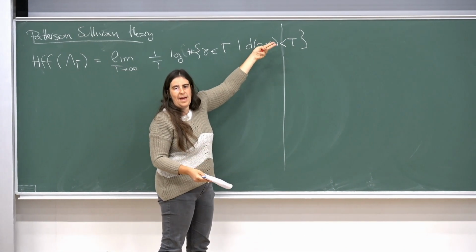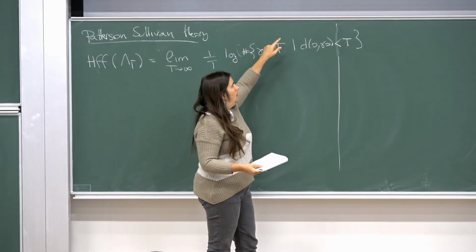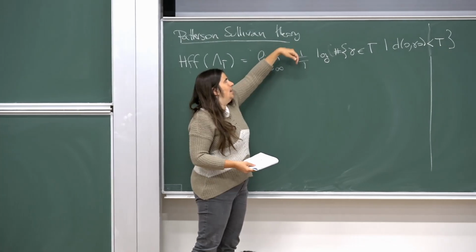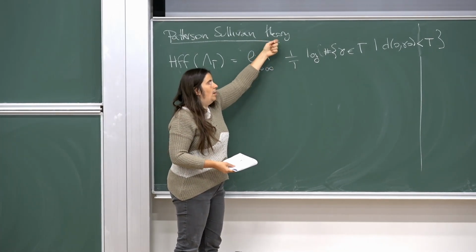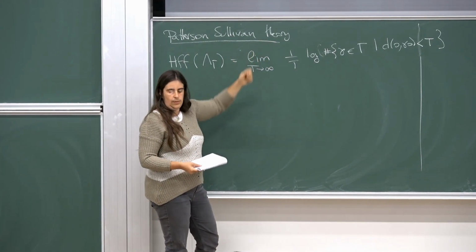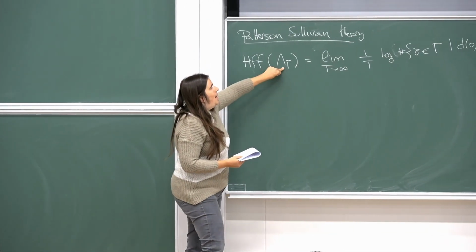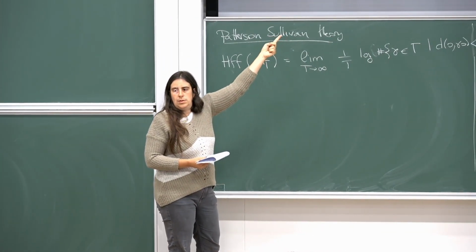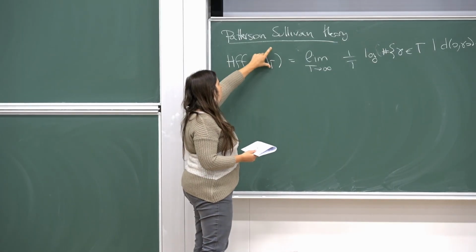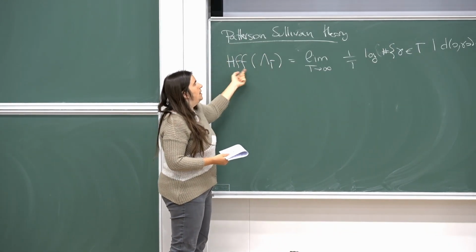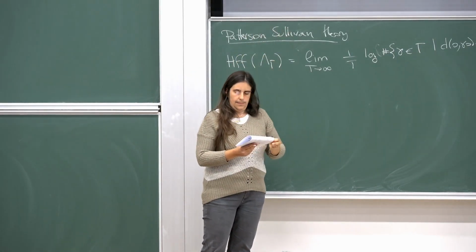You count how many orbits you see in a ball, and you expect to see exponentially many, and this is the power to which this exponential growth grows. So exactly the same constant that we've seen in the exponential growth, and these will depend on the specific group that you choose, and this will be reflected in this metric quantity of this fractal at infinity.